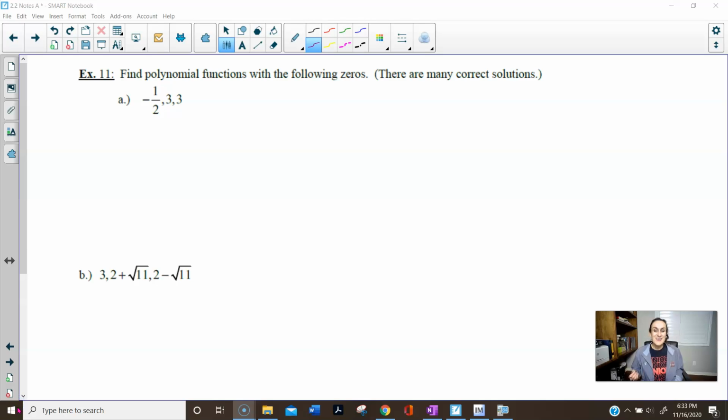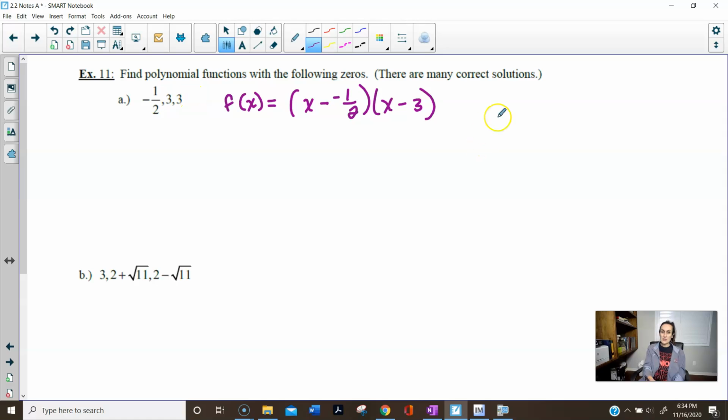Example 11 is showing us how we can write a polynomial function. So writing a polynomial function, I could say f of x is equal to x subtract the 0. So x subtract negative a half, x subtract the 0, and I have 2 of those. So x subtract the 0.